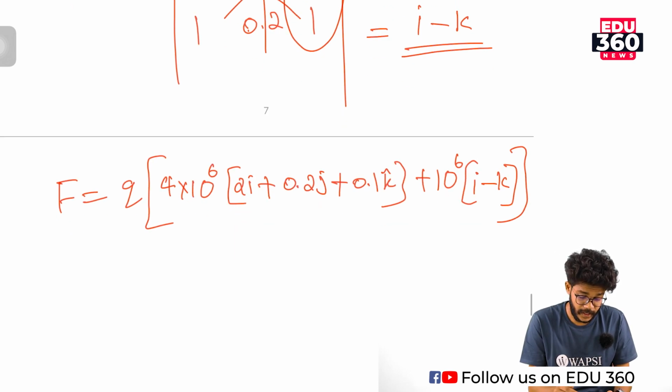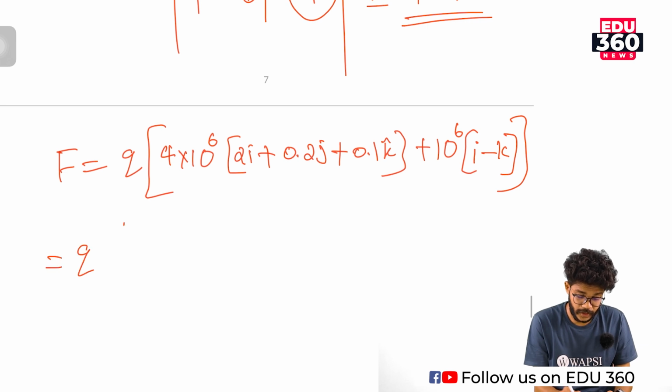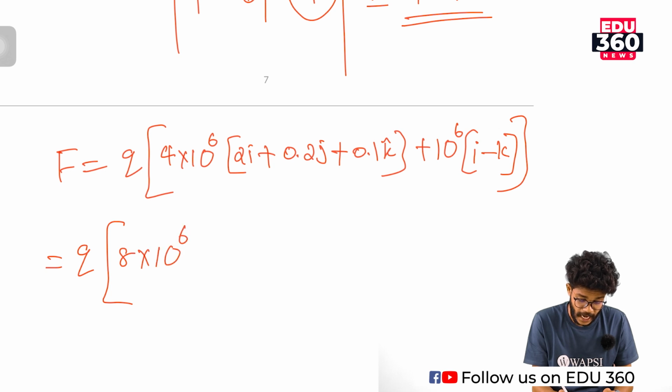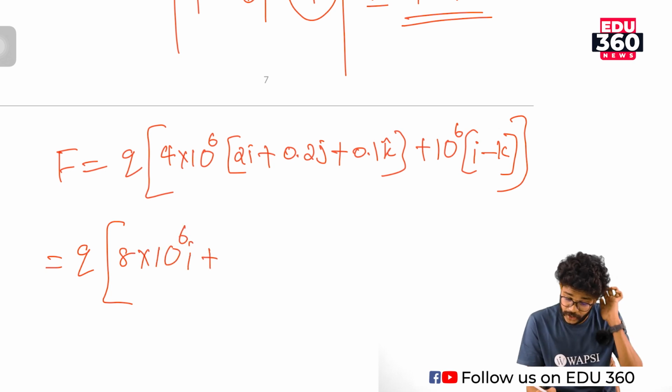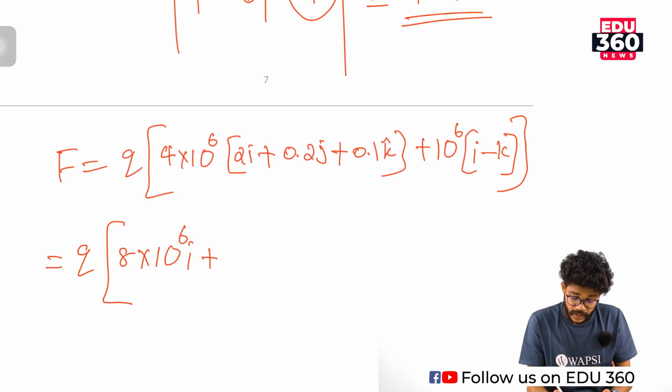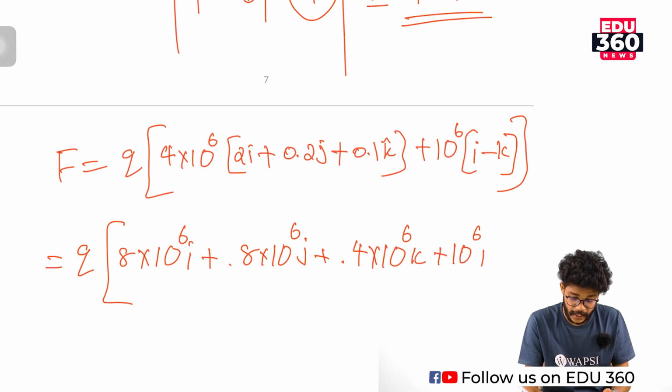Okay, we can multiply these quantities. It is equal to q into 2 into 4 is 8, 8 into 10 raised to 6 i, plus 0.2 into 4 is 0.8 into 10 raised to 6 j, plus 4 into 0.1 is 0.4, 0.4 into 10 raised to 6 k, plus 10 raised to 6 i minus 10 raised to 6 k.